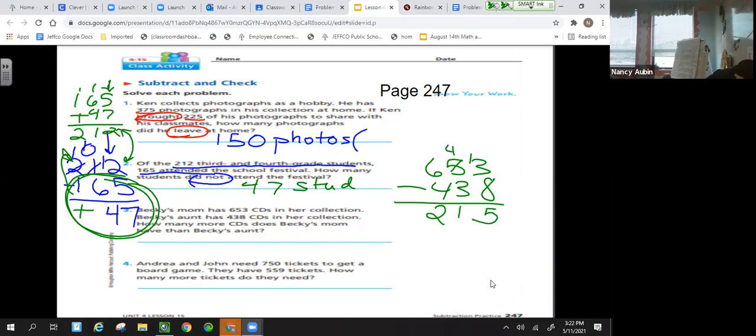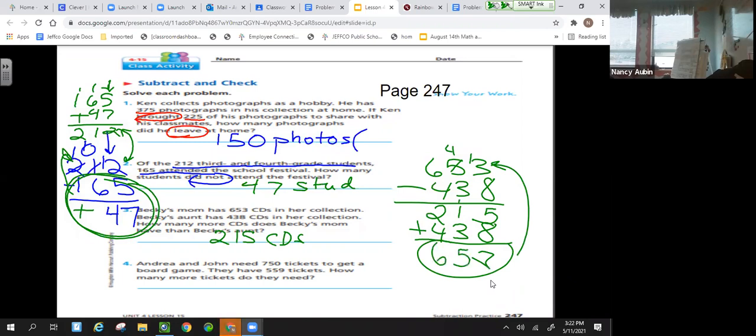Did anyone disagree? All he had to do was check that. I saw Sawyer do this. I loved it. That's how he checked his work. He wrote 215 CDs, and then he checked to make sure that this answer would equal the top. And it did. Nice job.